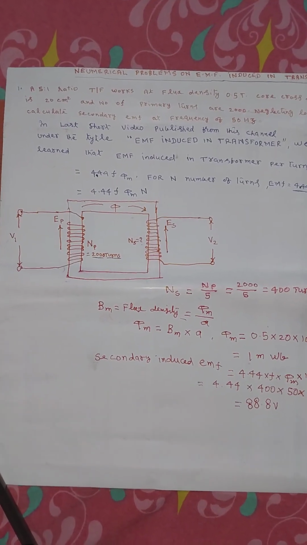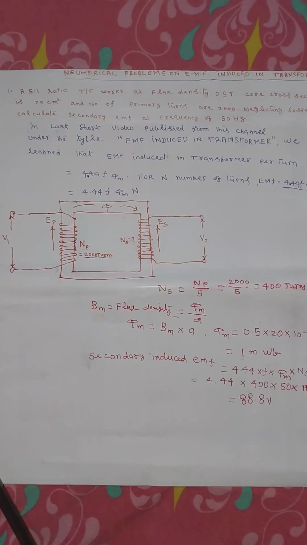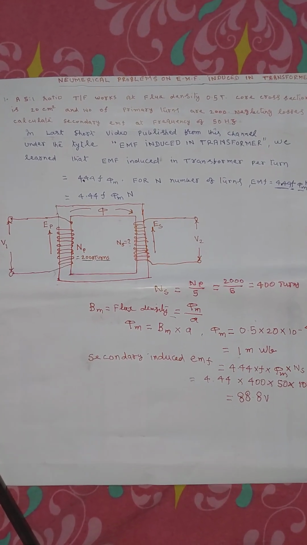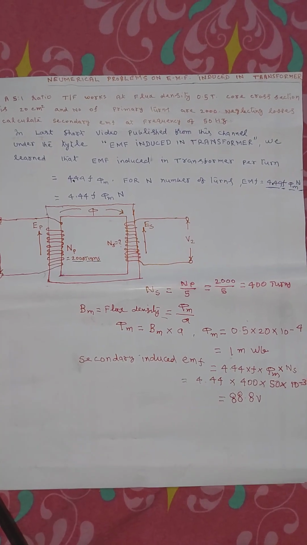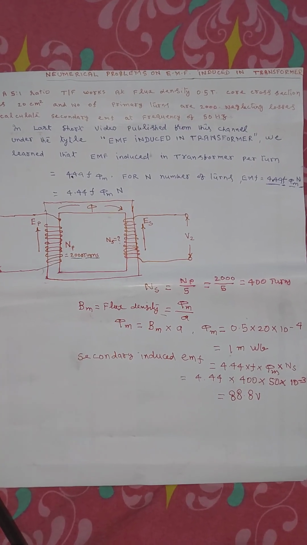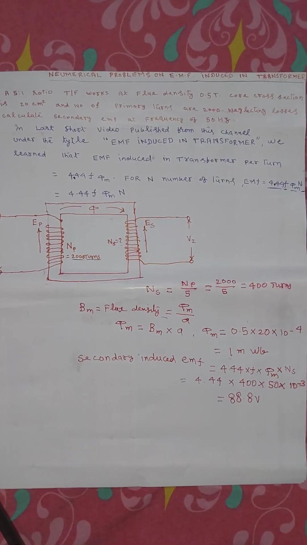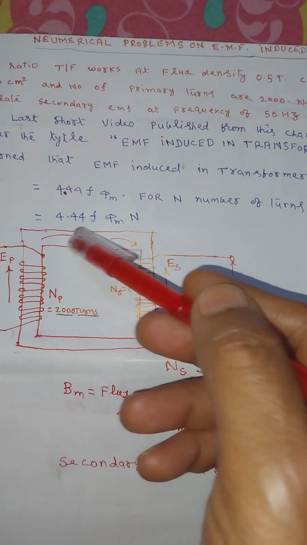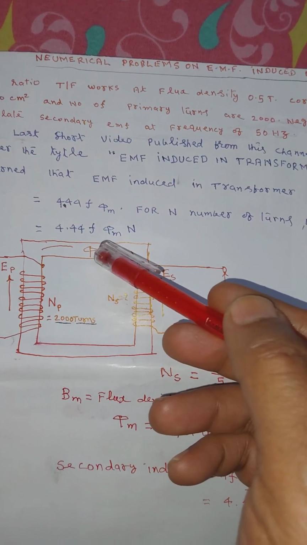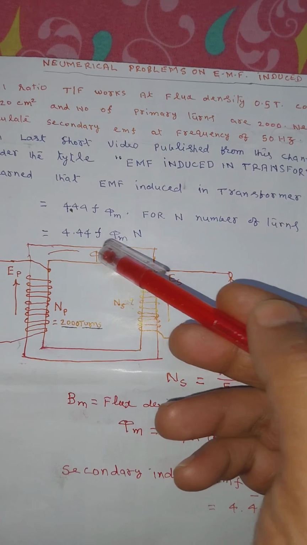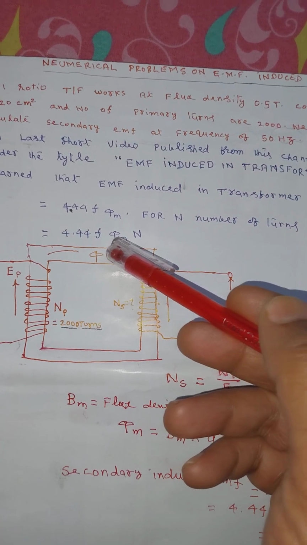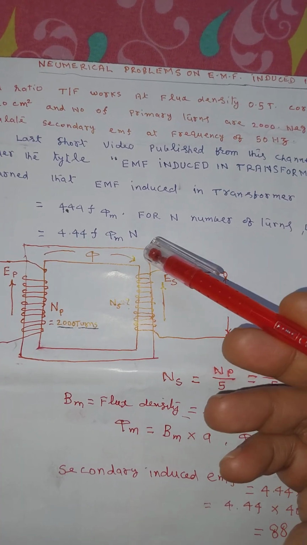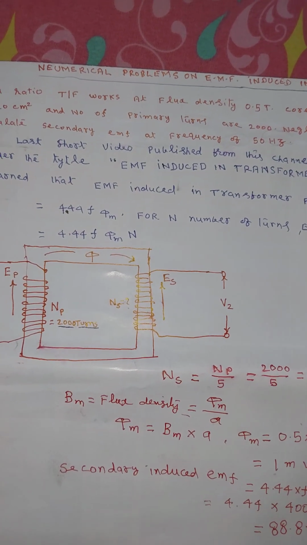With the help of the numerical problem visible on the screen, in the previous video from this channel we learned to mathematically calculate and prove that the EMF induced in transformers is equal to 4.44 f phi m N, where f is the frequency in cycles per second, phi m is maximum flux, and N is the number of turns.